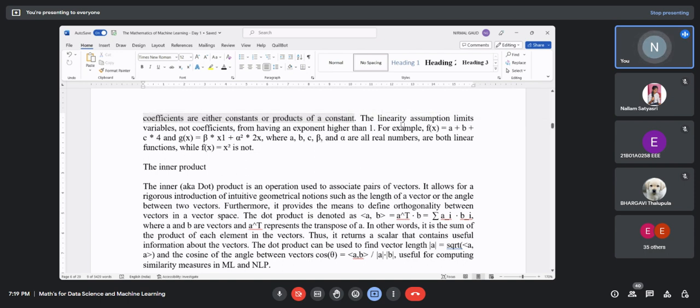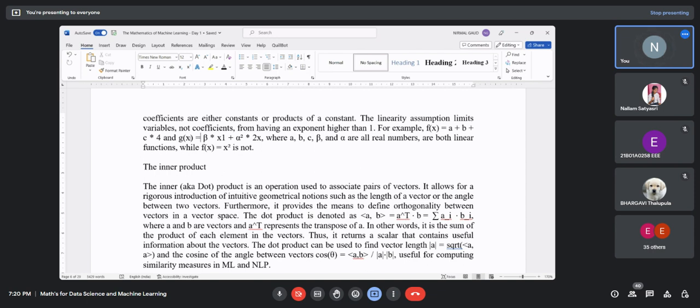The linearity assumption limits your variables, not the coefficients, from having an exponent higher than 1. Because we assume, and it is already notified for a linear function, that the degree of the variable should be 1.